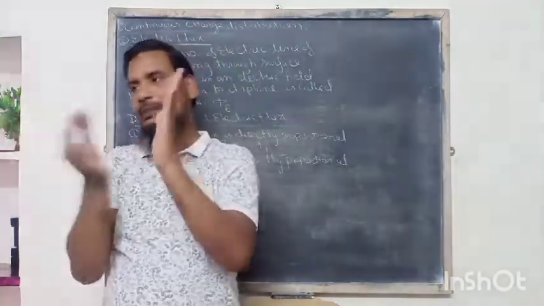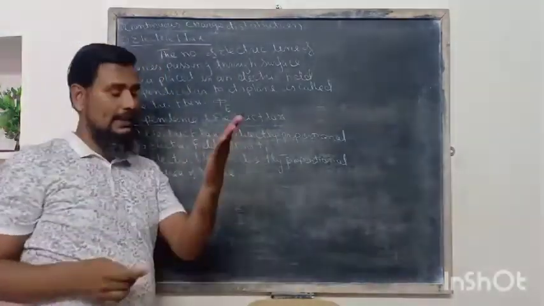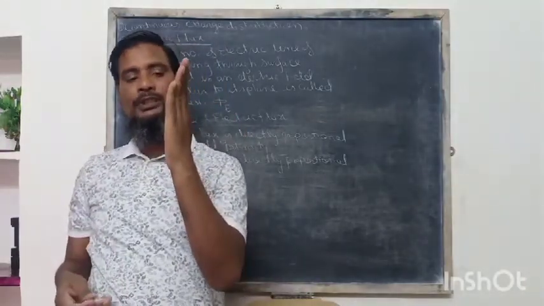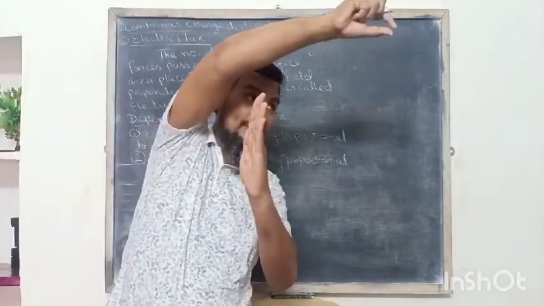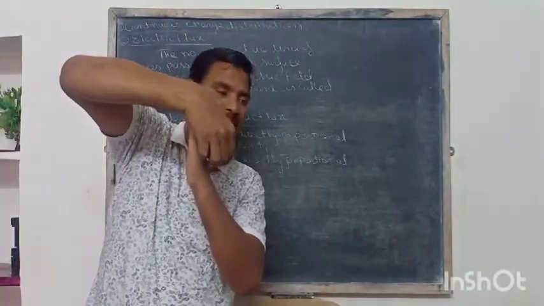So this is the electric flux. Surface area is a vector quantity. If I put the palm in this condition, then the direction of the electric field intensity will be this, and the electric lines of force are passing through this. The area of the surface is this.